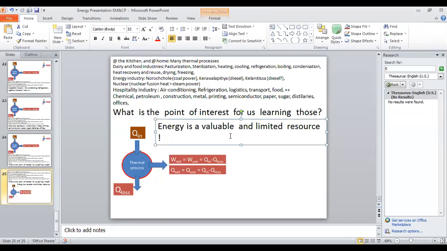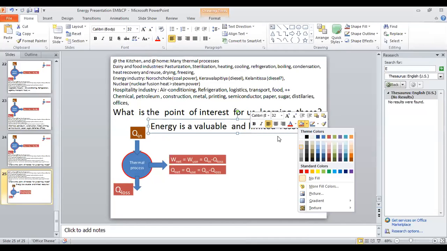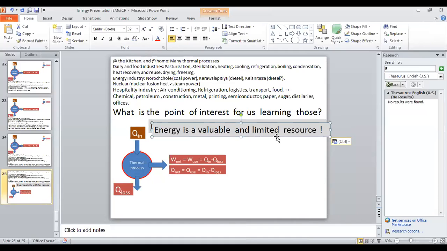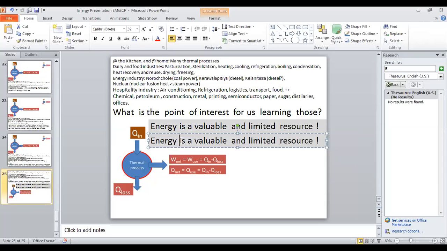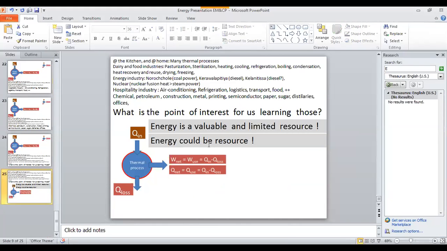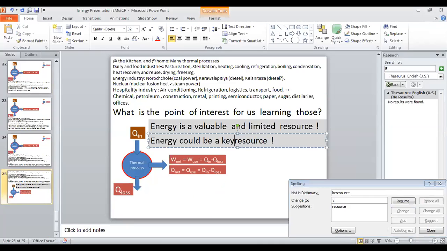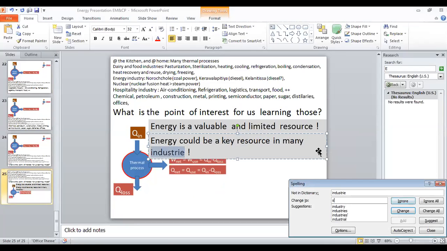And in many industries, energy could be a key resource.